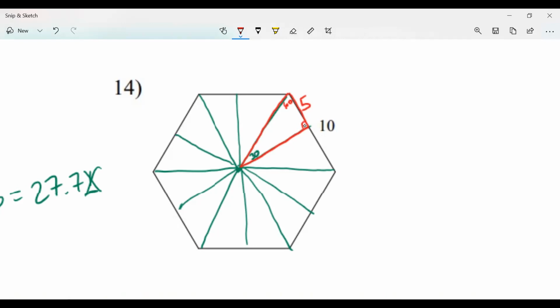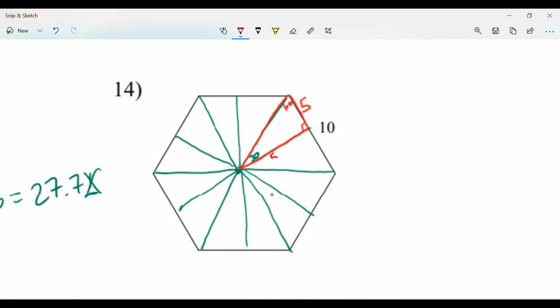I'm going to say this apothem. Remember the 30, 60, 90 triangles. I'm going to say this apothem is 5 times radical 3, because remember, the small side times radical 3. Cool. So now let me focus on just one big triangle here.